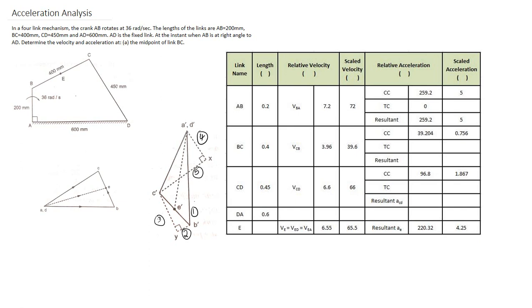Vectors 3 and 5 will meet at a common point called C dash. Now join the vectors B dash and C dash. This will be the 6th vector and this the 7th vector, and finally the 8th vector will give the absolute acceleration value of the point E.